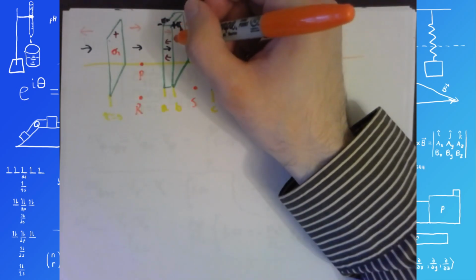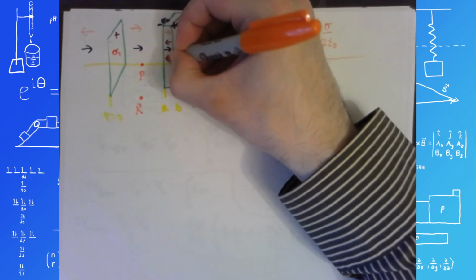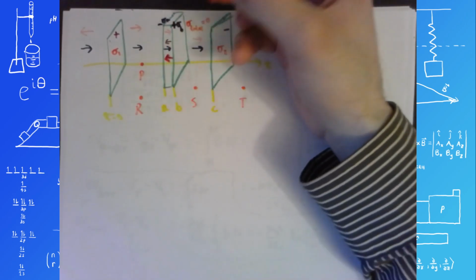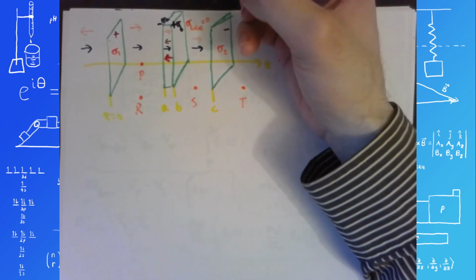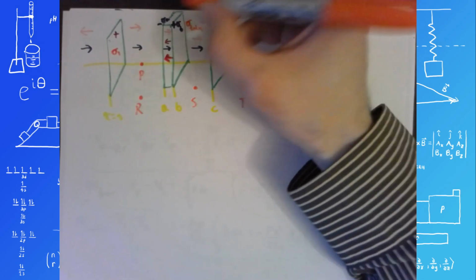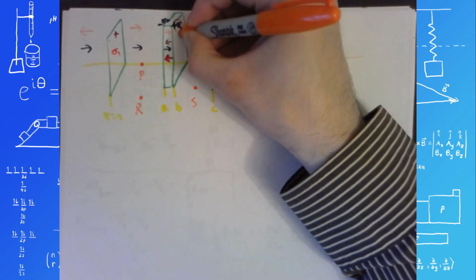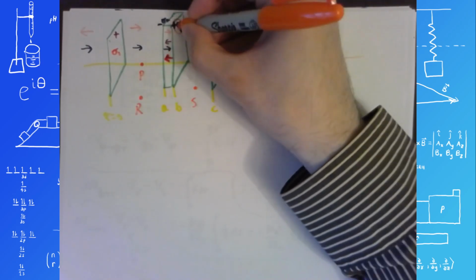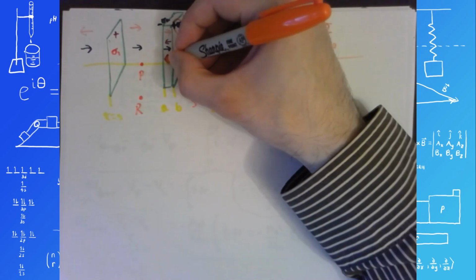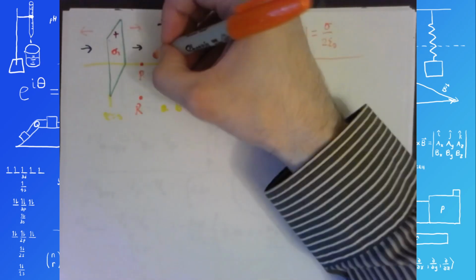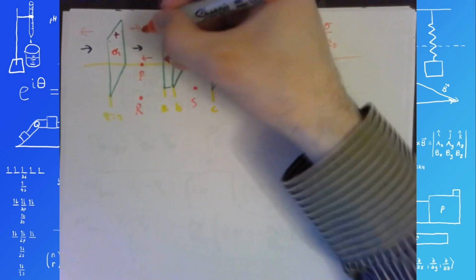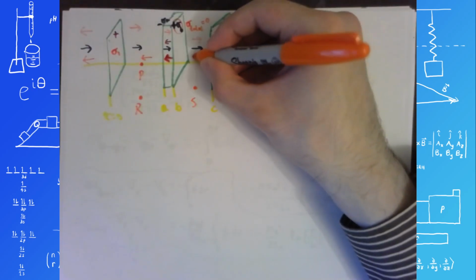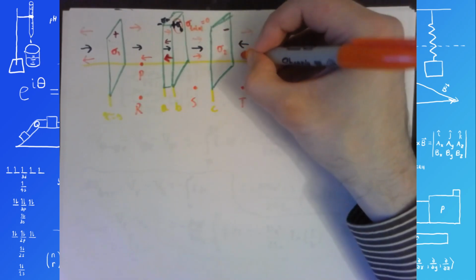Let's see. I'll use orange to represent sigma b. So sigma b is positive. It's going to point left within the bulk of the conducting slab, and left here, and left here, and right over here, and right over here.